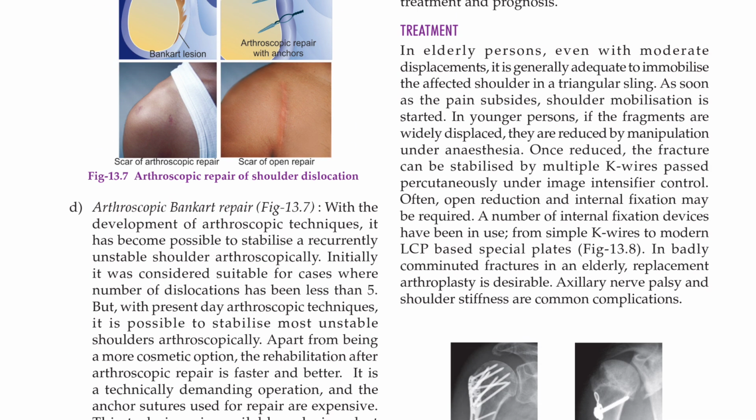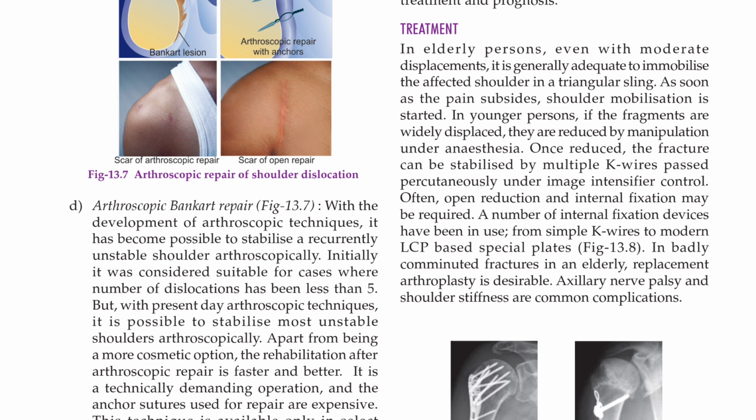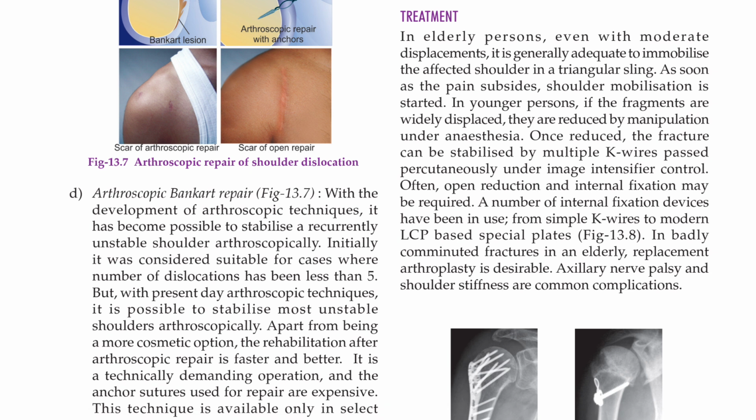Once more हम लोग इसको पढ़ते हैं. In an elderly person even with moderate displacement, it is generally adequate to immobilize the affected shoulder in a triangular sling. As soon as pain subsides, shoulder mobilization is started. In a younger person, the fragments are widely displaced. They are reduced by manipulation under general anesthesia.